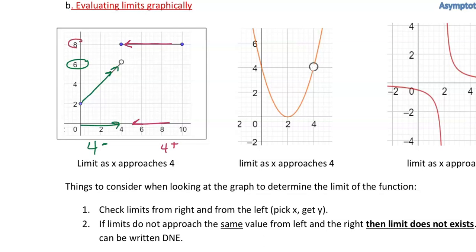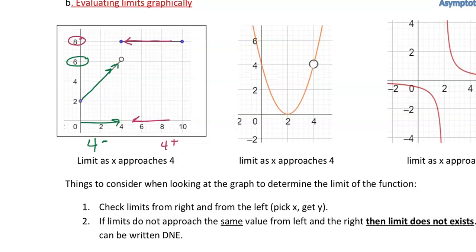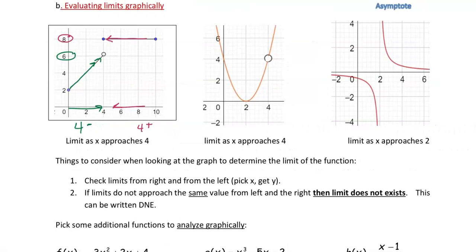I'm approaching a y value of 8. 8 and 6 are not the same number. Therefore, you would say that the limit does not exist. And we'll say DNE for that. Because you have to approach the same number from the left and from the right.